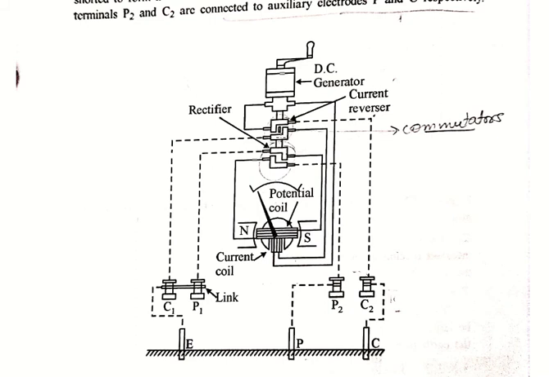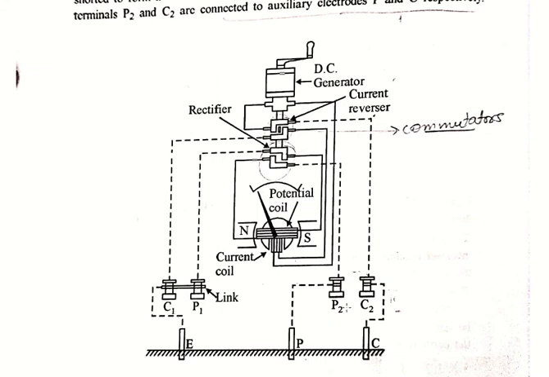The earth tester has four terminals, that is P1, P2, C1, C2. The two terminals P1 and C1 are shorted with a link to form a common point to be connected to the earth electrode. Here you can see that.